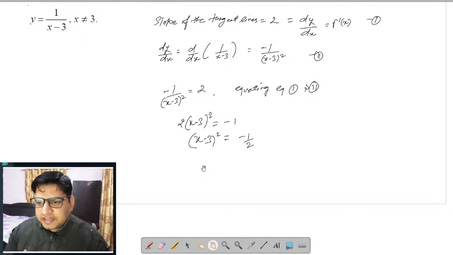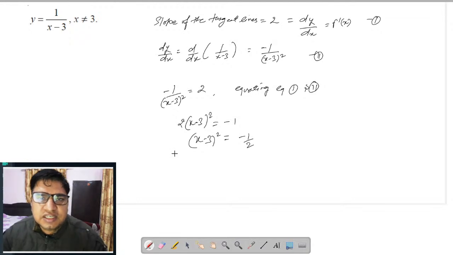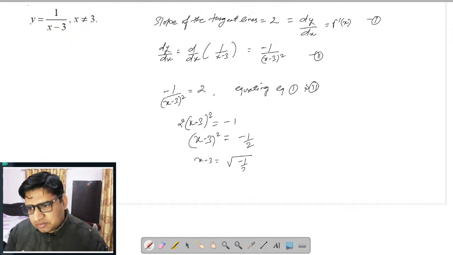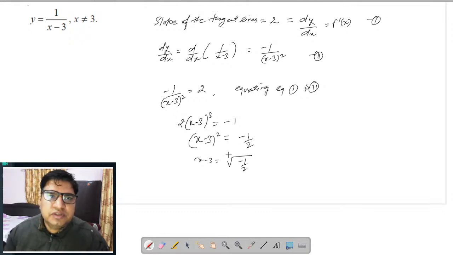The square root of a negative number does not result in any real values; it will give only a complex value. So x minus 3 will be equal to under root of minus 1 by 2, which will not give any real values.